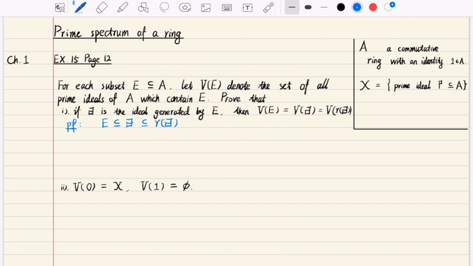So an easy direction for this equality is that V(E) must contain V(A) and V of the radical of A.